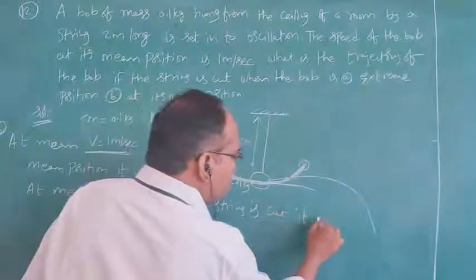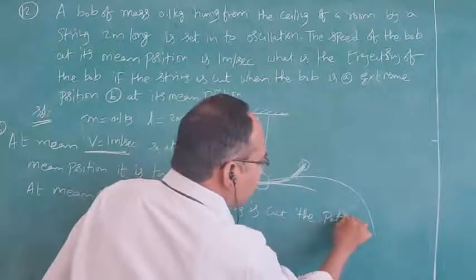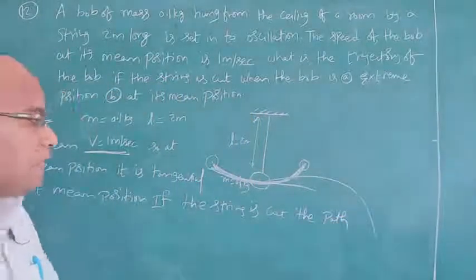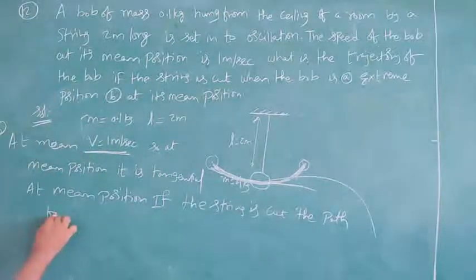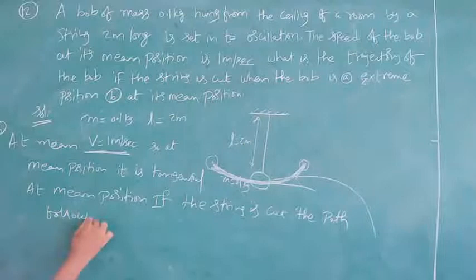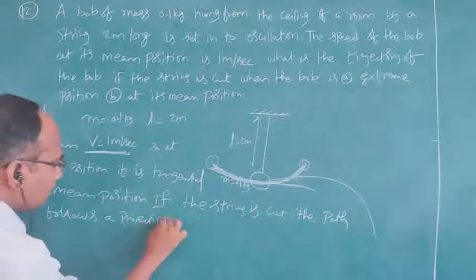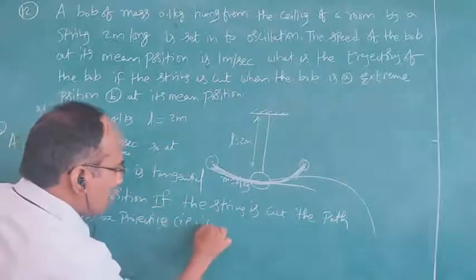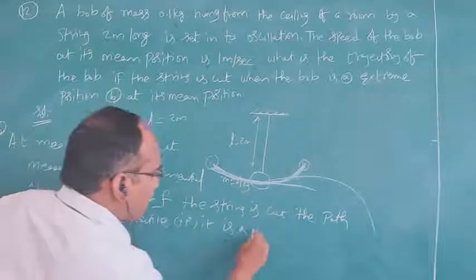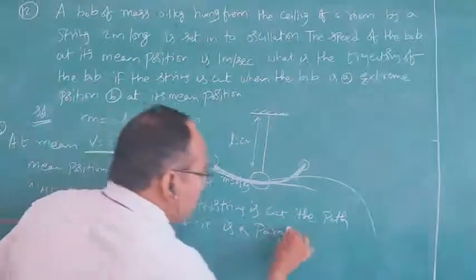The trajectory, that is nothing but the path. Trajectory means path. The path follows a projectile. That is, it is a parabola, which you have studied in motion in a plane. Parabola.